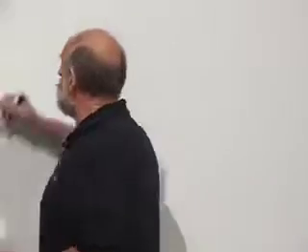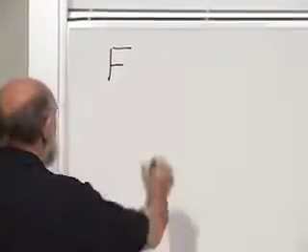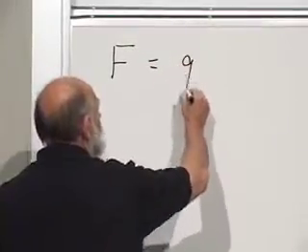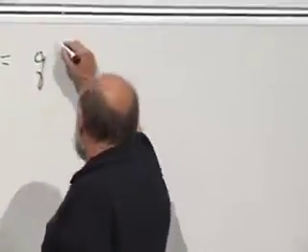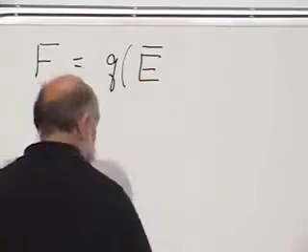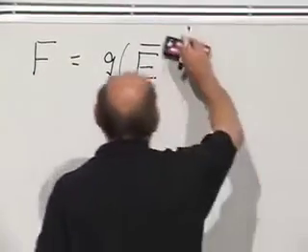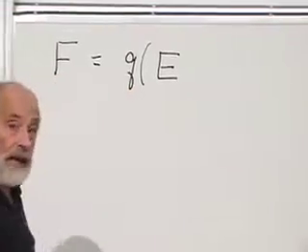Let's write down the basic equation. The force on a charged particle, F, is equal to the electric charge of the charged particle. That's there because if the charged particle didn't have any charge, there would be no force on it. And then that gets multiplied by the electric field, plus something that depends on the magnetic field.